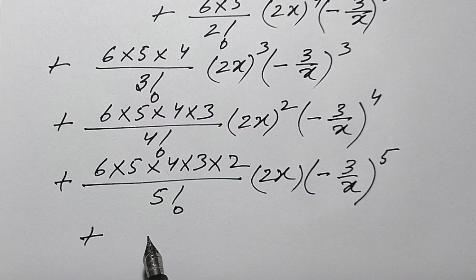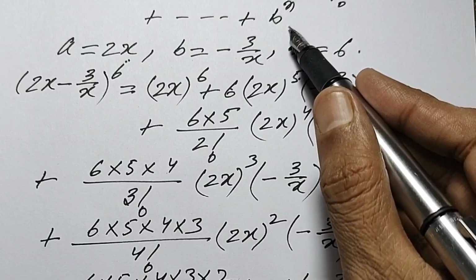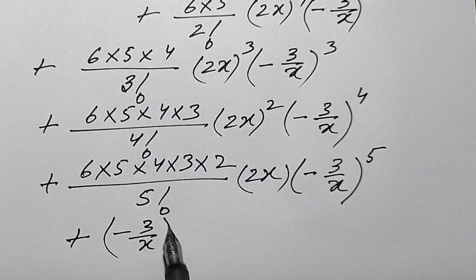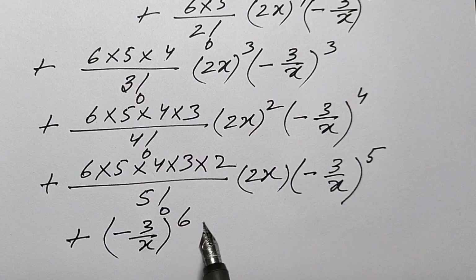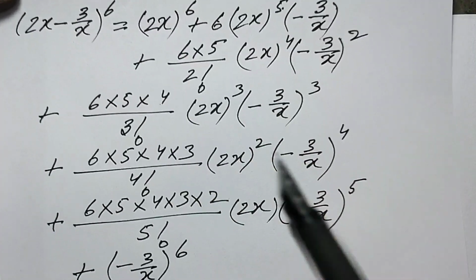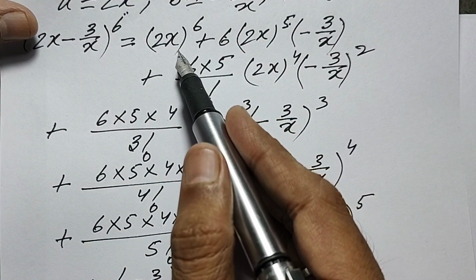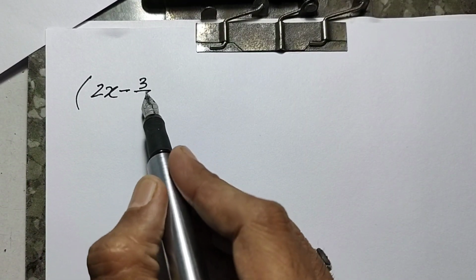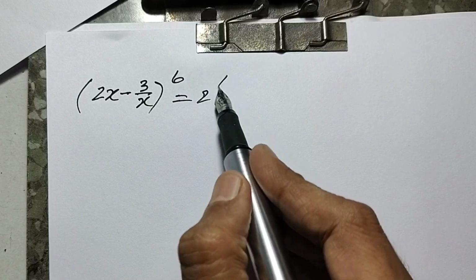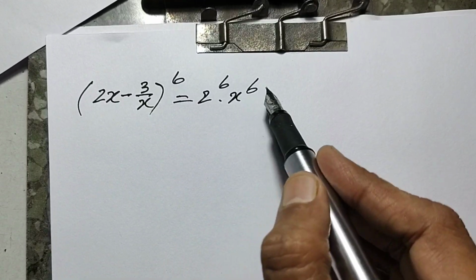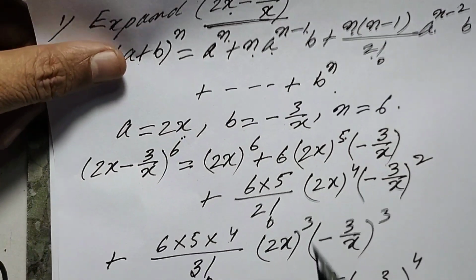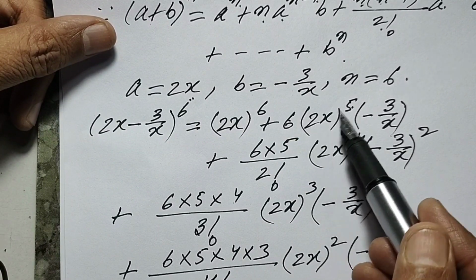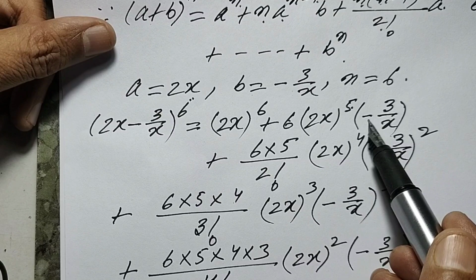And in the last term, b raised to the power n, that will be minus 3 upon x whole raised to the power 6. 2x raised to the power 6 will be 2 raised to the power 6 into x raised to the power 6. So, 2 raised to the power 6 into x raised to the power 6, plus in the next term, if we talk about the numerical coefficient, that will be 6 into 2 raised to the power 5 and minus 3.